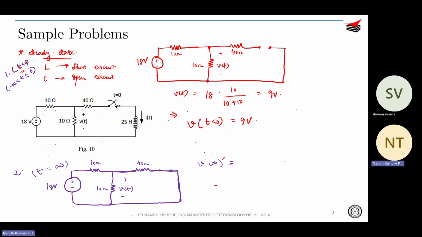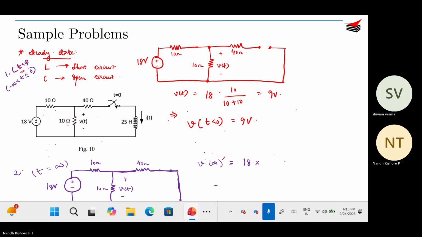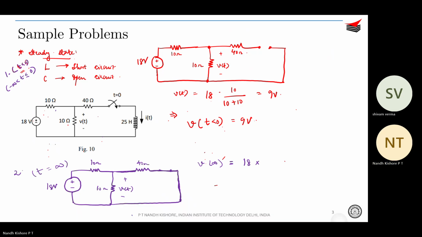So your V of infinity is going to be 18 into 40 parallel to 10 divided by 10 plus 40 parallel to 10, correct? This is the voltage, that is V of infinity. All right. So how much are you getting with this?